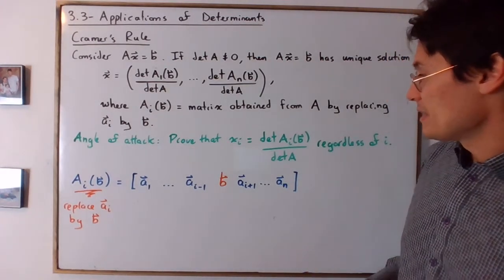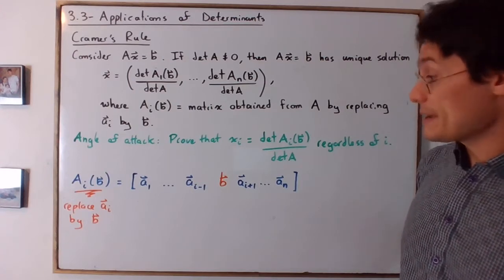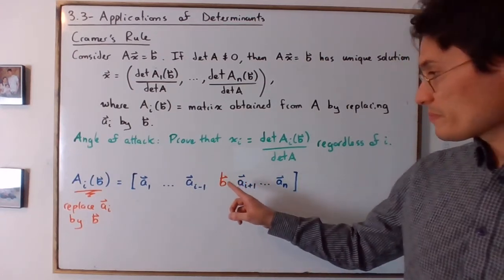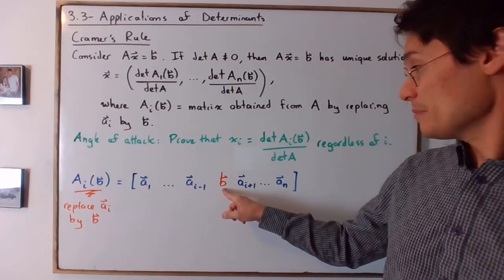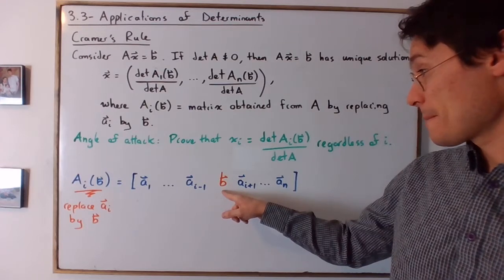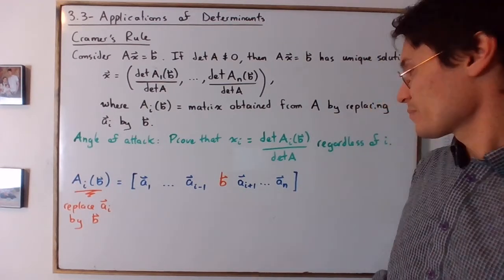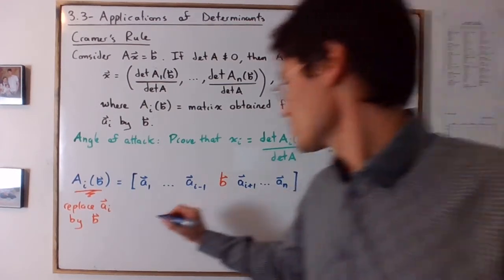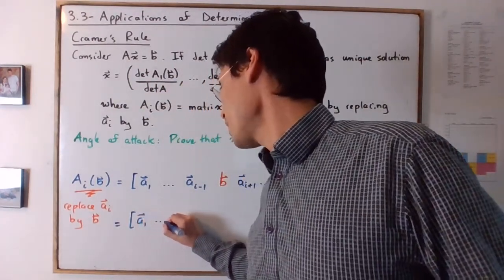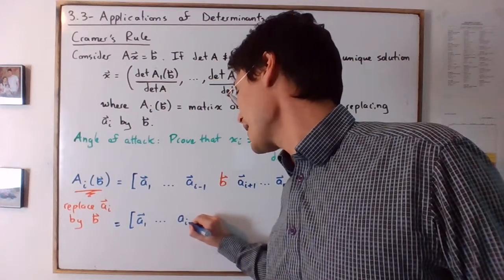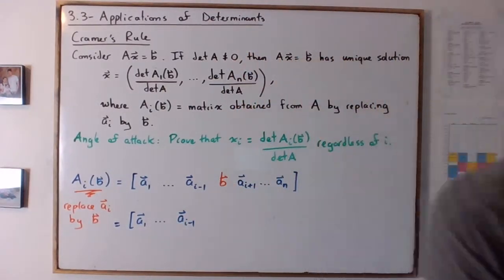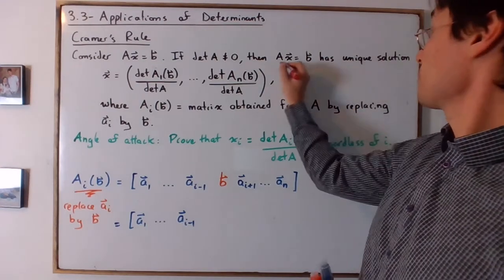Now here's the game. This right here will be A times X. So this will give us A1 all the way up to A(i-1), and then instead of B, we will actually use the A times X that's over here.